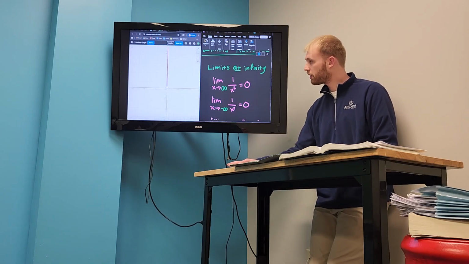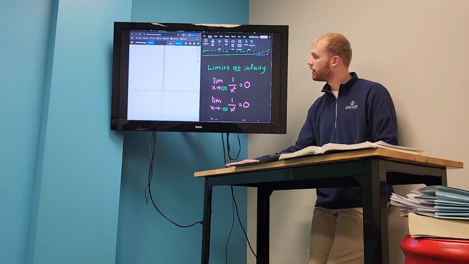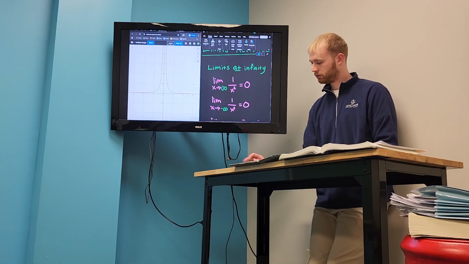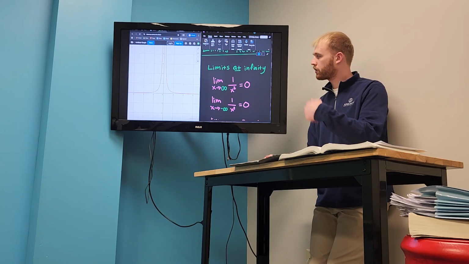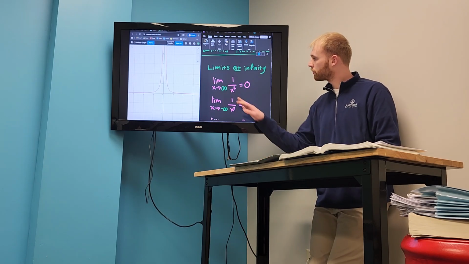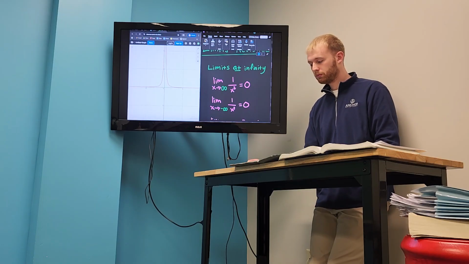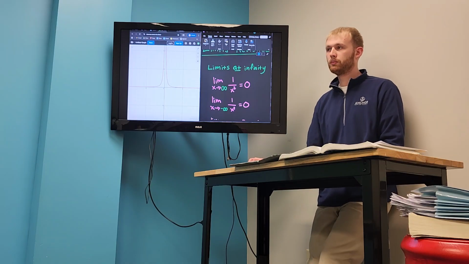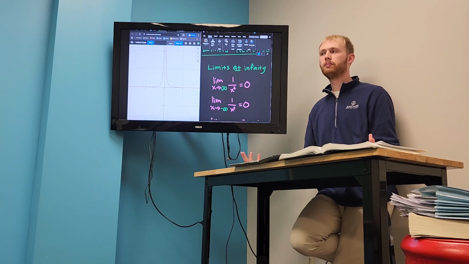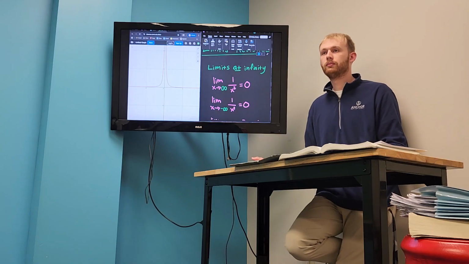Alright, what do we see here about 1 over x squared? What's its behavior? There's an asymptote at 0. Okay, interesting. Why? Because if you put 0 in, it would be undefined.